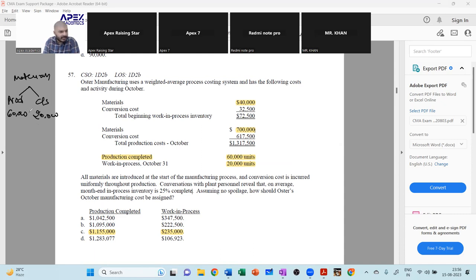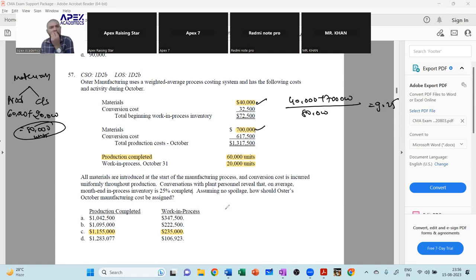Why? Because materials are introduced at the starting of the period. So what is my material? 80,000 units. Clear? What is the material cost? First 40,000 and second 7 lakhs. This cost is incurred for how many units? 80,000. What is the cost per unit? 9.25. Am I clear about this?